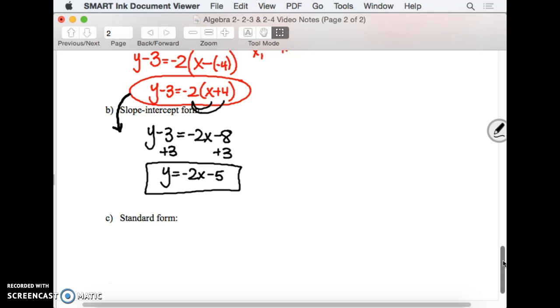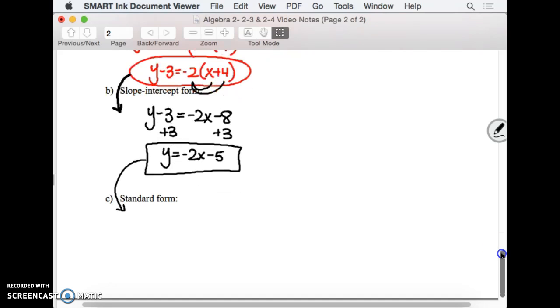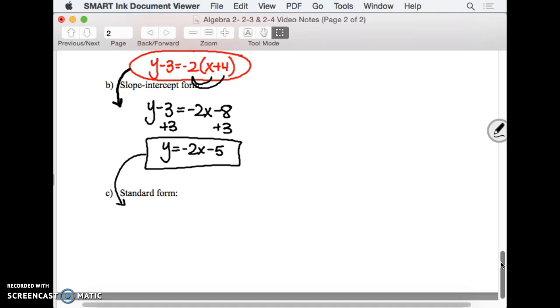Then we're going to use our equation in slope-intercept form to rewrite it in standard form. In the tips, I said that with standard form, you can't just put something into that. You have to move your equations into that form. So I need my equation to look like this: basically, x's plus y's on the left side equal to my constant.